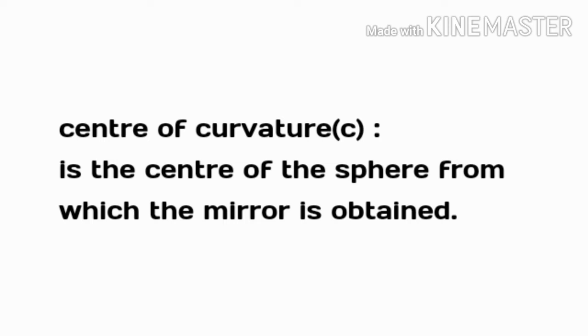Each sphere has a particular center, and the center of the sphere from which we obtained the spherical mirror is known as its center of curvature, and the notation is capital letter C.